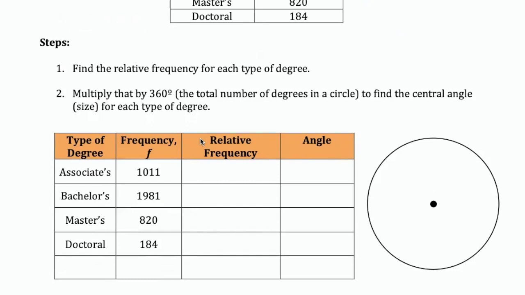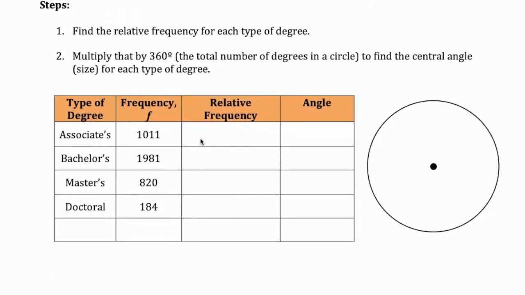All right, so the steps in making a pie chart are: number 1, you find the relative frequency for each type of degree. Now, we've done this previously, so here is where we start to see that information become useful. I would begin first by totaling up the frequency column, and I'm going to continue to use the notation that I want you to get comfortable with.